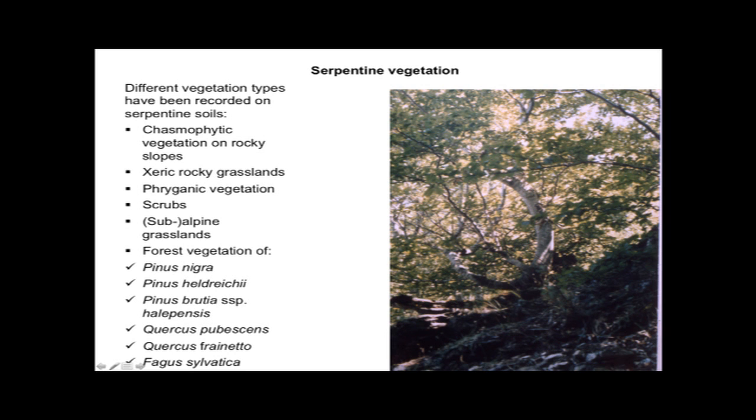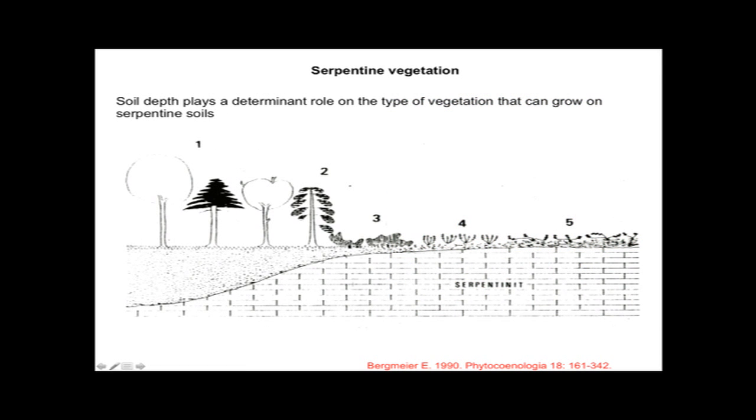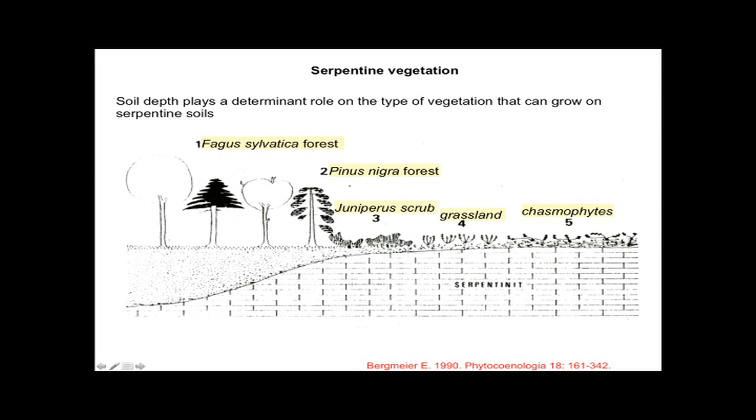So, the secret of what kind of vegetation occurs is the soil depth. Here's an example from the PhD thesis of my friend Erwin Bergmeier, and he showed us that the soil depth plays a determinant role. For instance, when the soil depth is large and the substrate is below the roots of the plants, we can have Fagus sylvatica forests mixed with Abies borisii-regis.